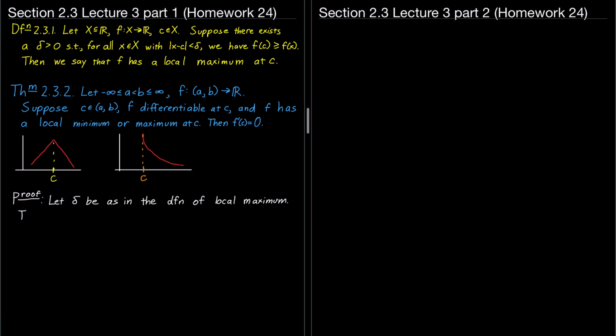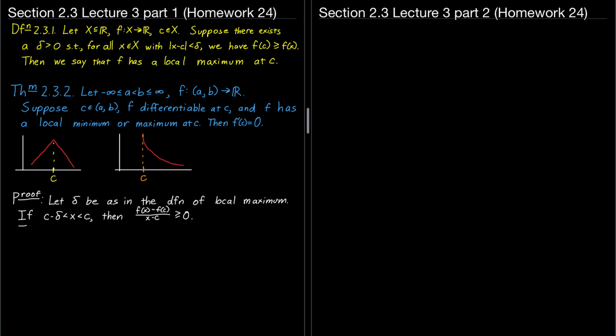And then if x is on the c minus delta side, so on the negative side, then our difference quotient, f of x minus f of c over x minus c: f of x is less than f of c, so the numerator is negative. x is less than c, so the denominator is negative. So this is certainly positive.